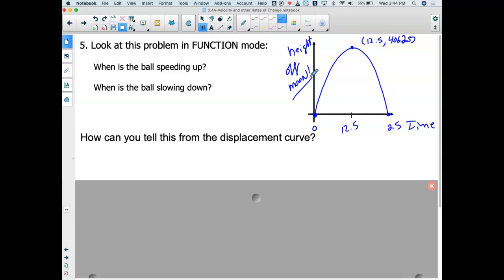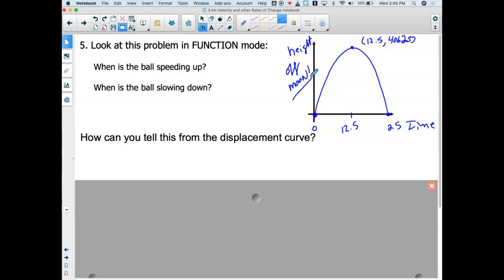My goal is you need to be able to tell me if it's speeding up or slowing down from, number one, the displacement curve. You need to be able to look at the velocity curve, tell me when it's speeding up, when it's slowing down. And you also need to be able to look at the speed curve and say when it's speeding up and when it's slowing down, okay?